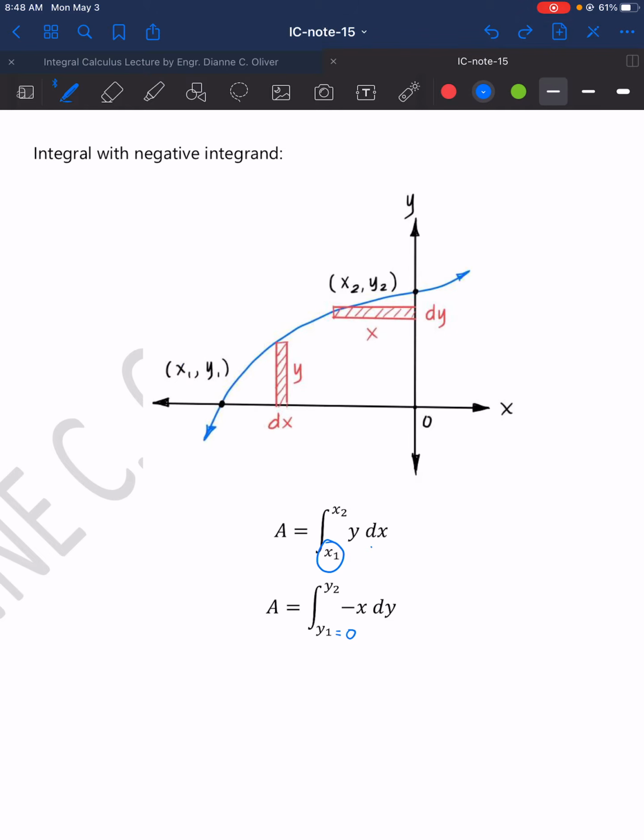Then for x2, it's the farthest point to the right where the boundaries intersect, so it's this point. Okay, so that's how we get the limits.